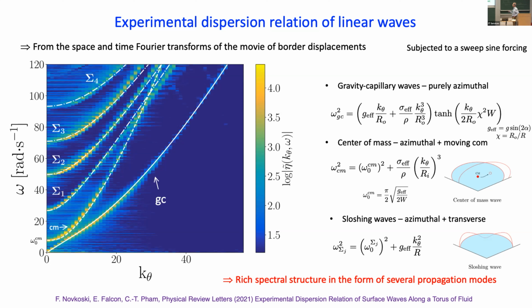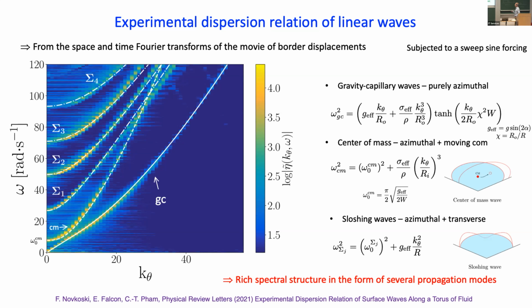You also have this branch, which corresponds to the center of mass of the cross section of the torus, which can move up and down like that. The cutoff frequency here corresponds typically to that of a solid ball oscillating within a triangular shape.